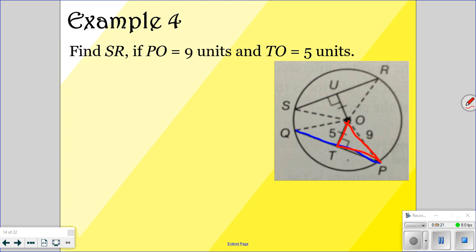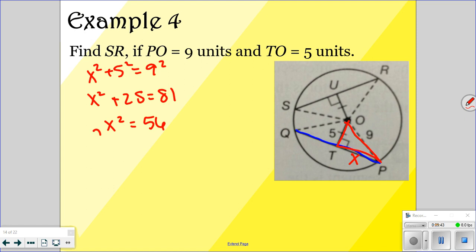And so we can find the length of TP there. So x squared plus 5 squared is going to equal 9 squared. So x squared plus 25 is going to equal 81. So that means that x squared is going to equal 56.